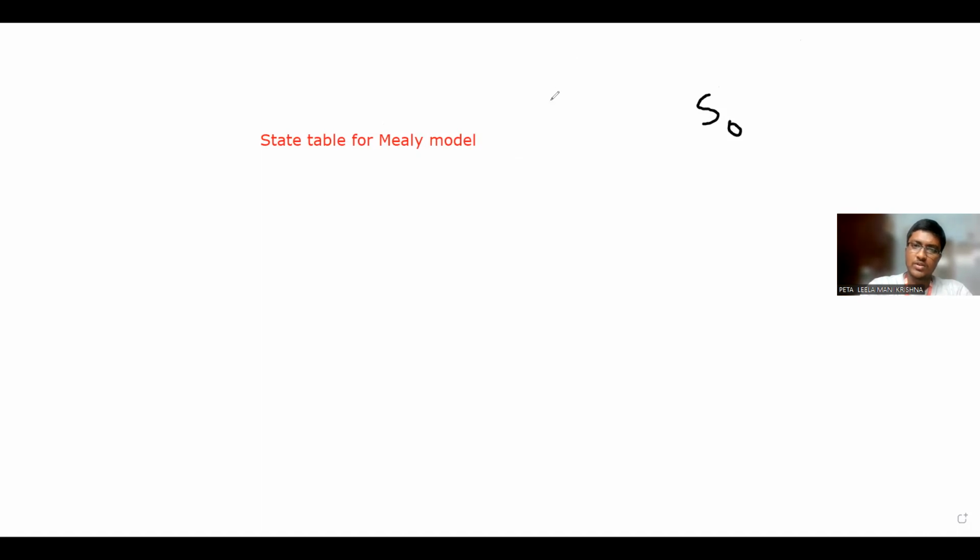The given sequence is 0, 1, 0. And if it is 0 and if it is 1, I'm pointing out the next states. I'm at S0, and if the input is 0, it will move to S1. I'm at S0 and if the input is 1, it will stay in S0 itself. And the next states I consider as S1 and S2.